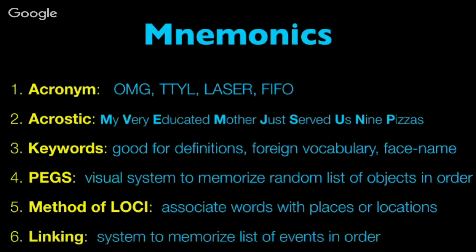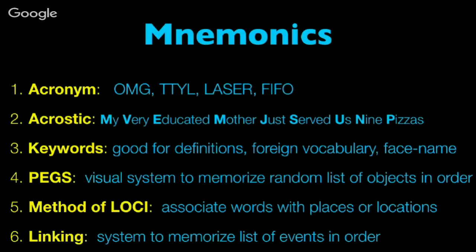And then finally, we have linking to memorize a random list of events in order. So again, this uses visualization. You can link some vivid imagery to random events, and you make them very dynamic, and you link one event to another.